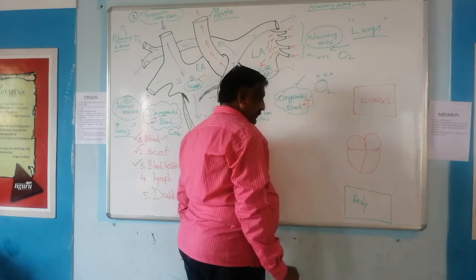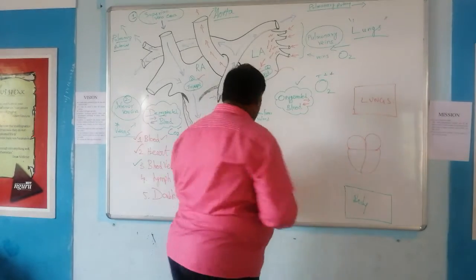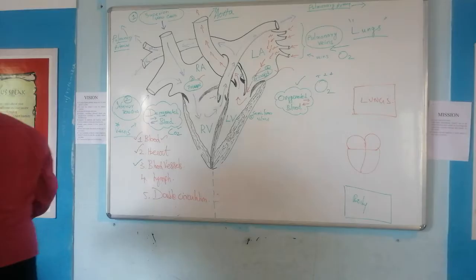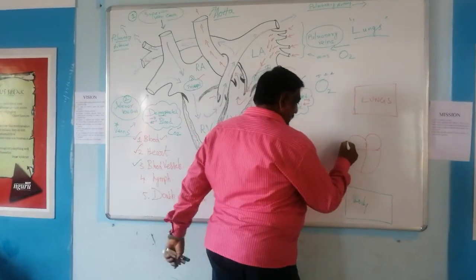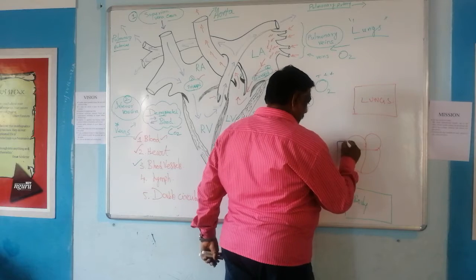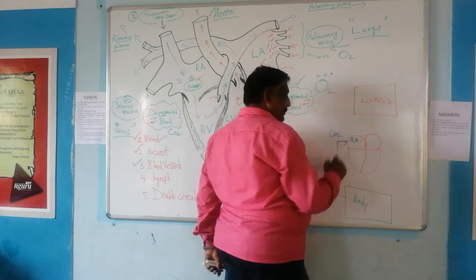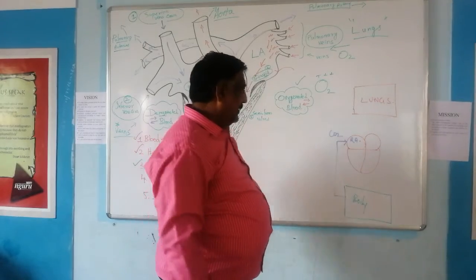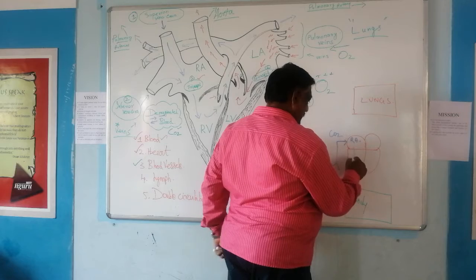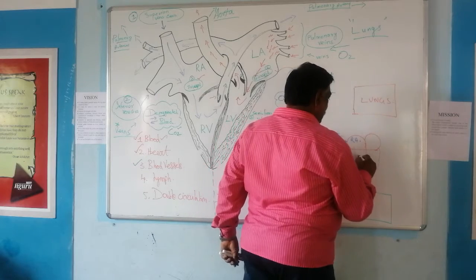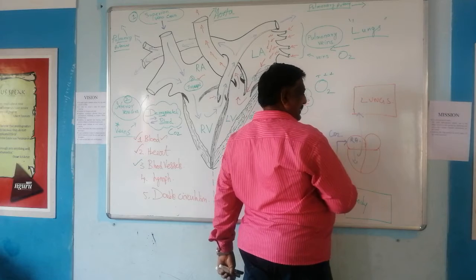Now remember the deoxygenated blood. So deoxygenated blood enters into the heart on the right auricle with a lot of carbon dioxide. From here the blood goes to the lungs through the artery.